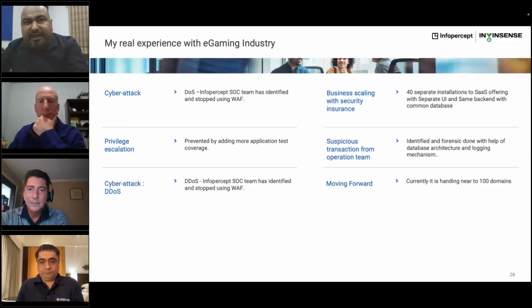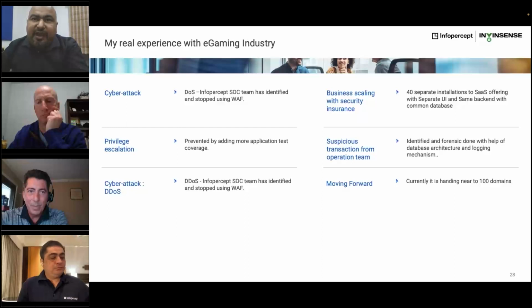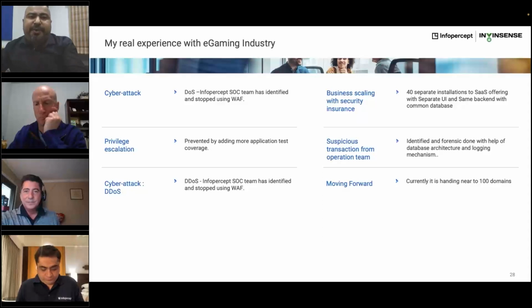Within one quarter, we hit 40 different tenants, and those 40 different tenants required 40 different clusters and everything to be taken care of. Then again, we had a meeting, saying that we are expecting more and more tenants to be joining in. So can we reduce it? We have to reduce the overall footprint and the landscape.